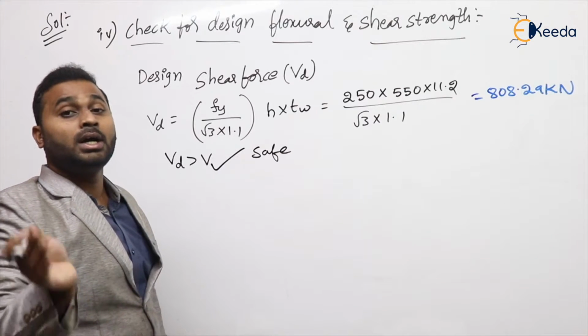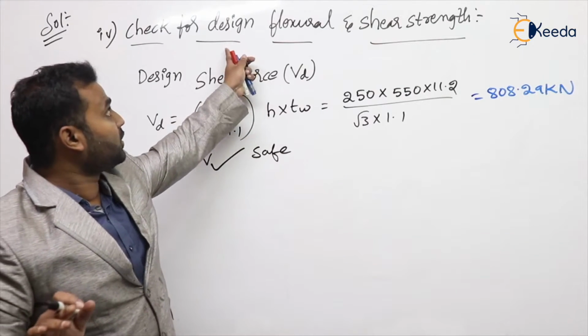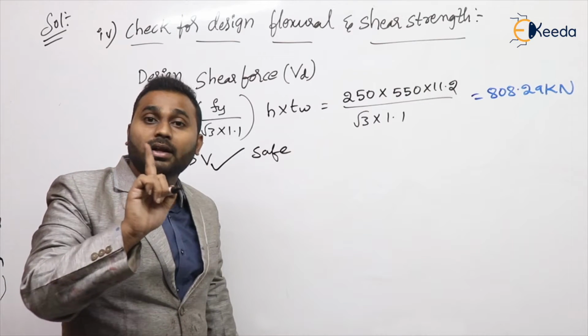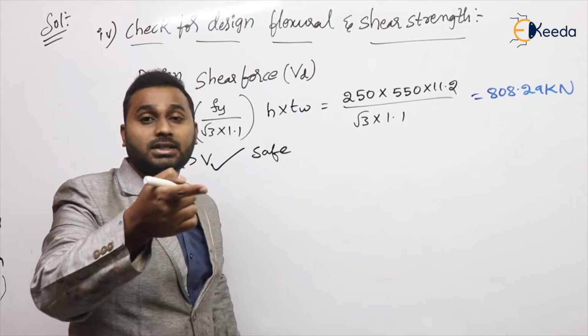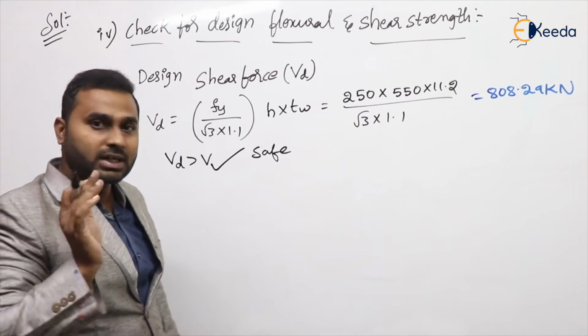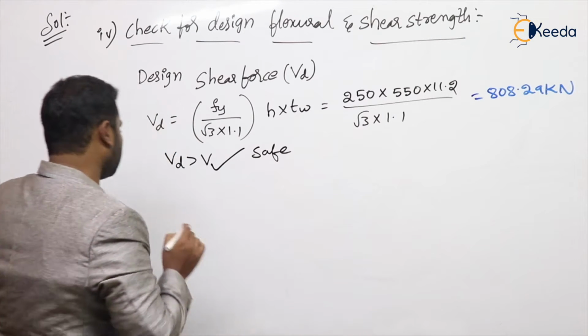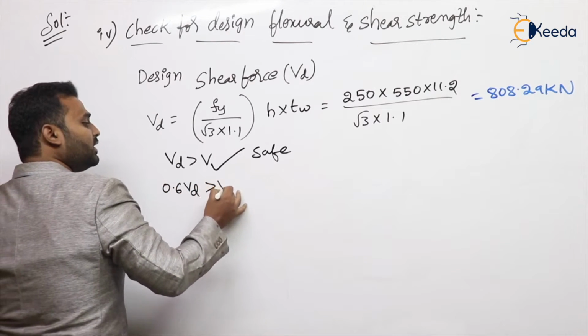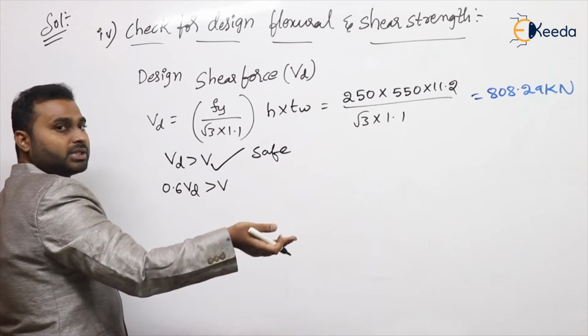Now we need to check flexural strength. For that, we have to know whether the given beam is in a low shear case or high shear case. What is the condition? If 0.6 VD is greater than V, then it is a low shear case. If it is opposite, then it is a high shear case.